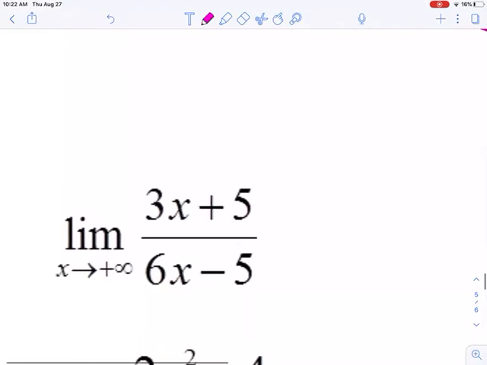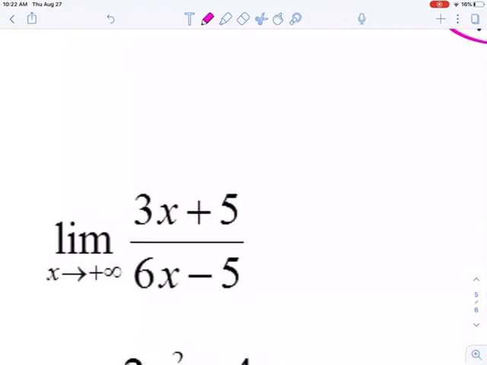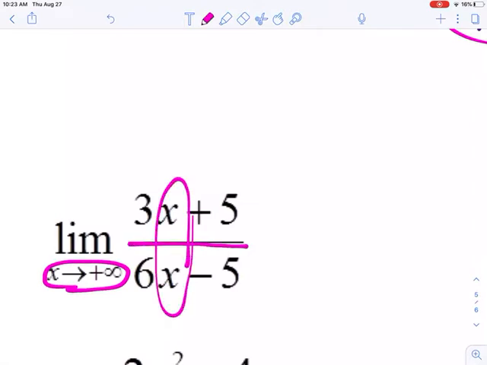Okay, so I want you to go ahead. Let's start with this one right here. I know it's super pixelated, but I'm trying not to show the rest here. Okay, when I ask you for the limit towards infinity or negative infinity, then I'm asking you for, in a rational graph, the horizontal asymptote.